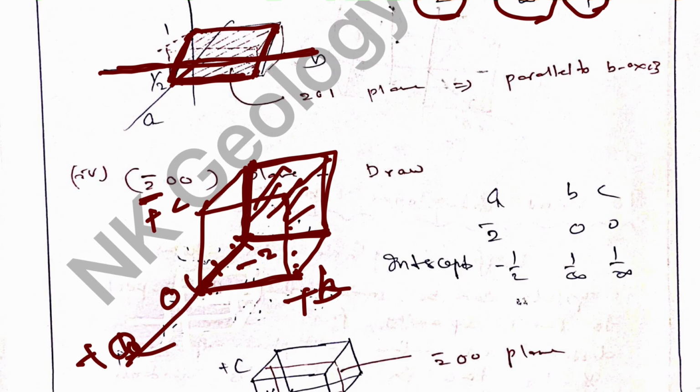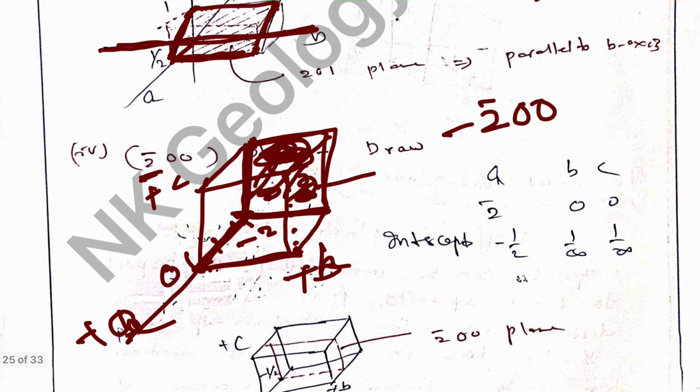So this plane is -2 not, because this is the origin. On the back side 2 units we have, or -1/2 unit. If you take the reciprocal, it becomes this distance is -1/2.